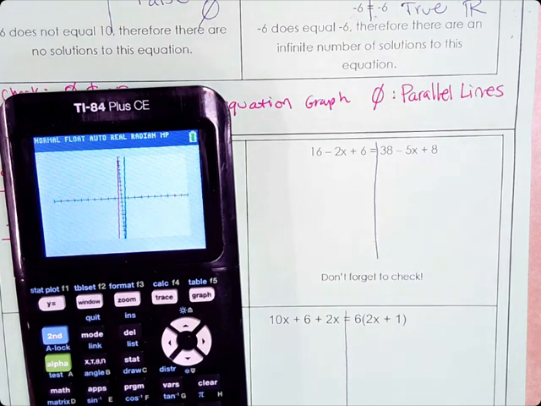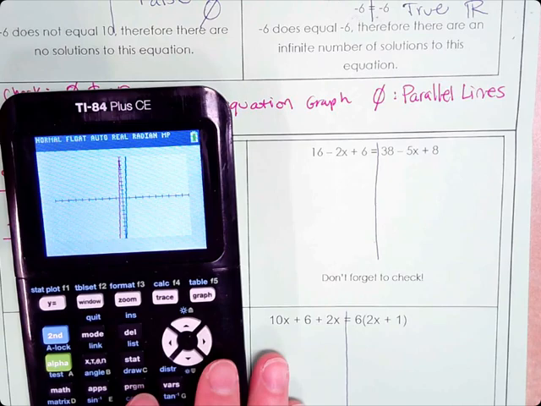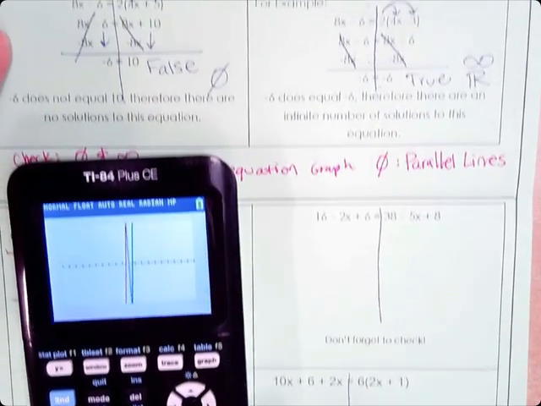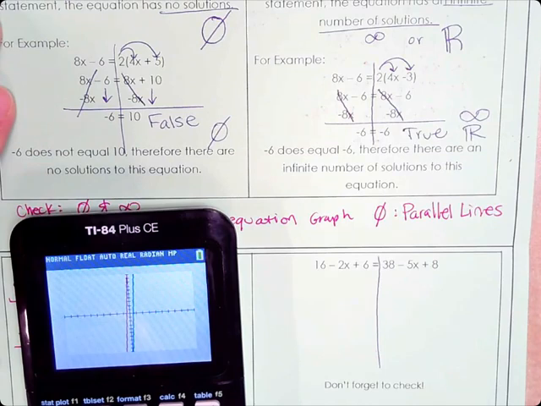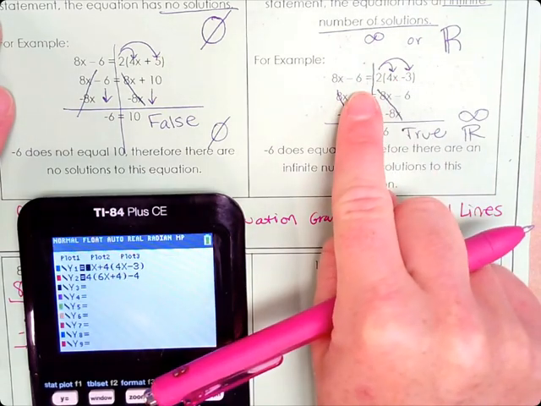A solution is the x value where they intersect. So if it's no solution, they will never intersect. So then what do you think all real numbers is going to be? Just one. It's going to be just one line. Yeah, you're right.